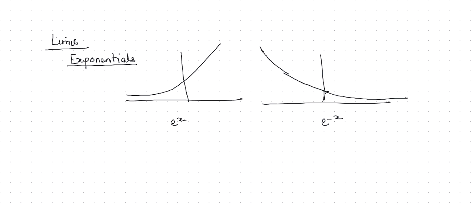So we see that as x tends to infinity, e^x also goes to infinity, and as x tends to negative infinity, e^x goes to 0. You can see as it goes to negative infinity, it is 0.